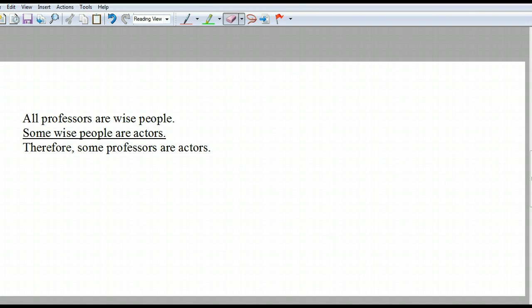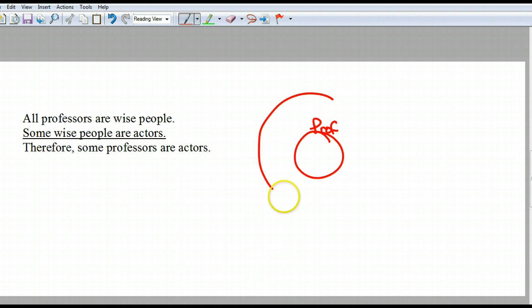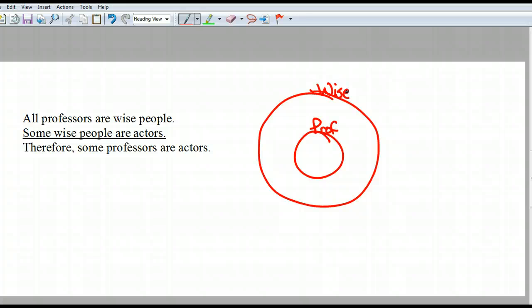Okay, so we are looking at all professors are wise people. So if I were going to draw a picture of that, first of all, I'm going to put a circle called prof for professors. Okay, and then inside of that, I will say wise. Okay, and then it says some wise people are actors. Okay, there might be more than one way of writing this.